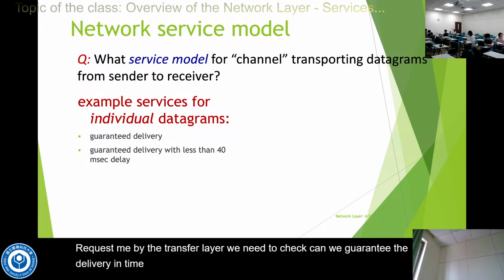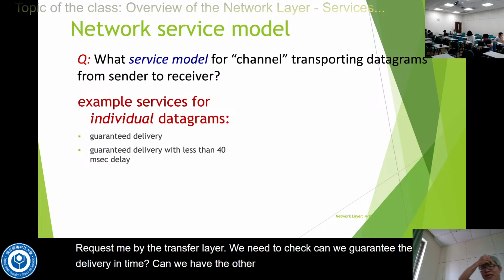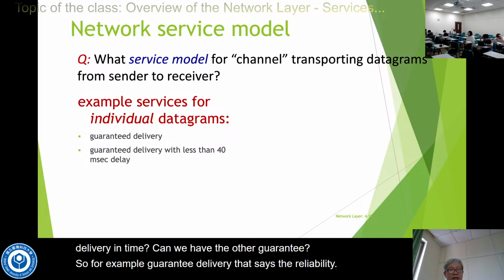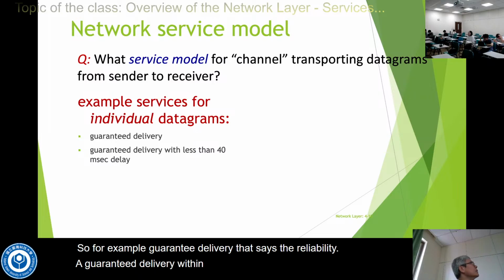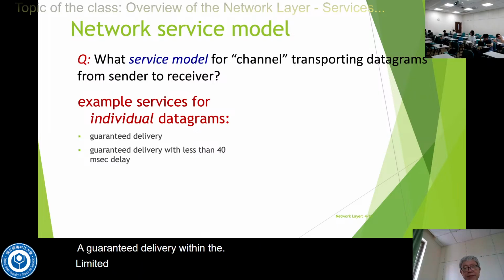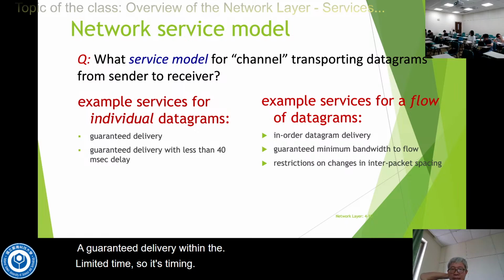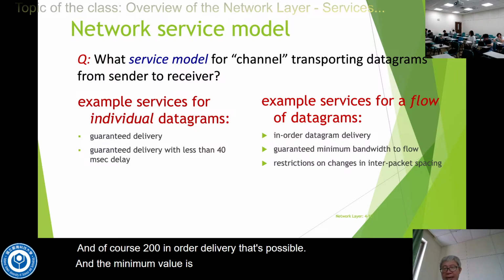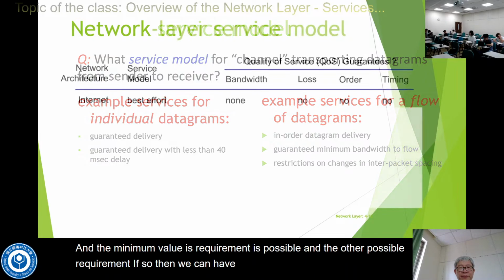For example, guaranteed delivery, that is reliability, and guaranteed delivery within a limited time, so it's timing. And of course in-order delivery is possible, and a minimum bandwidth requirement is possible, along with other possible requirements.